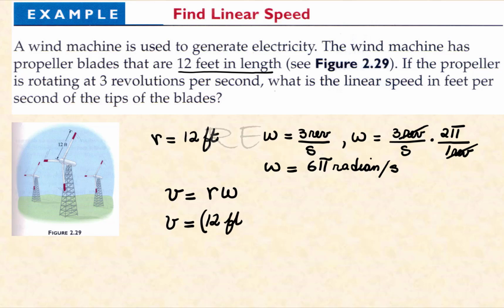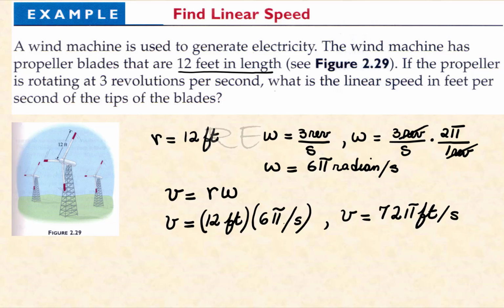R is 12 feet, the length of the propeller, and omega is 6 pi radians per second. So V is equal to 72 pi feet per second.